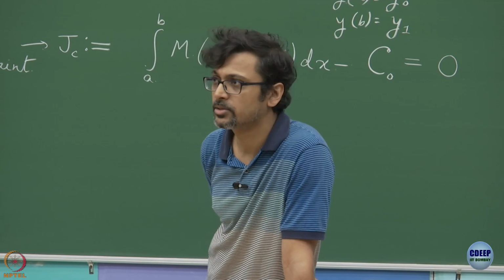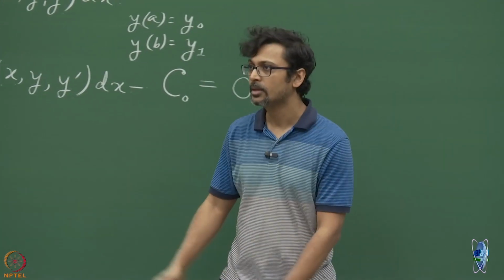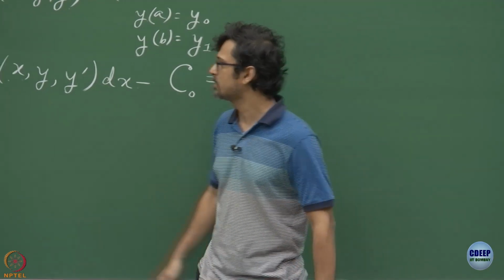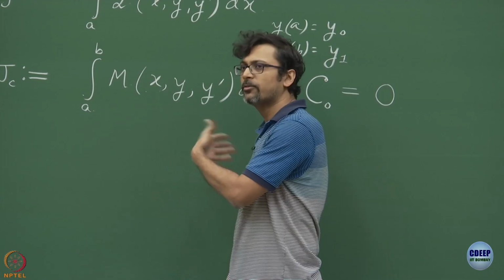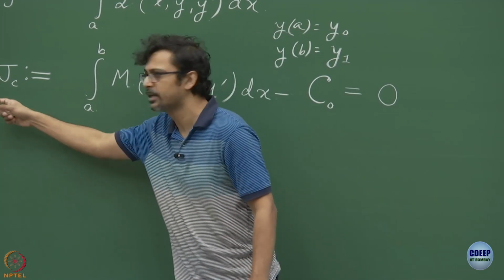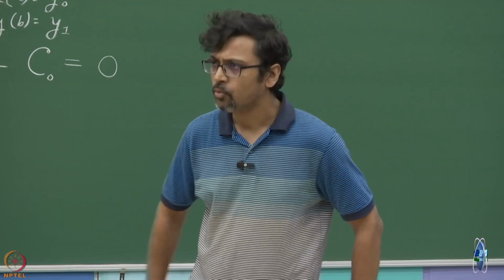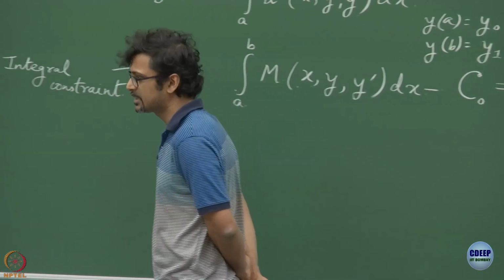Quite a lot of ideas which we have to now seemingly translate from the finite dimensional to this infinite dimensional problem. For the time being we are just considering one constraint, and for the most part you will see that this covers a wide array of problems in calculus of variations, even with just one integral constraint like so.